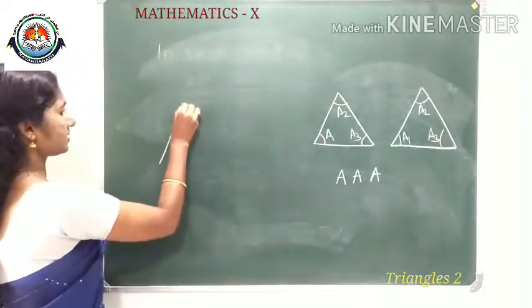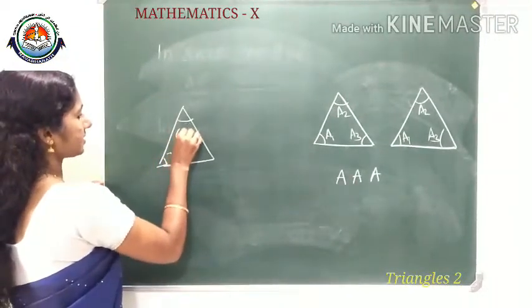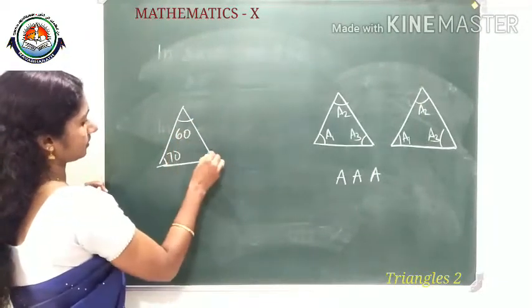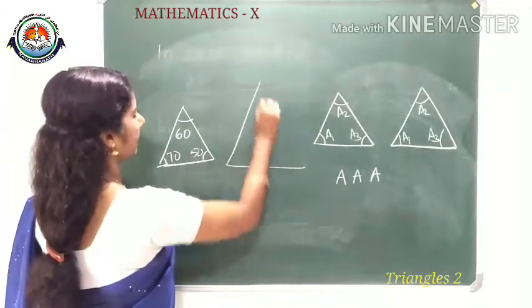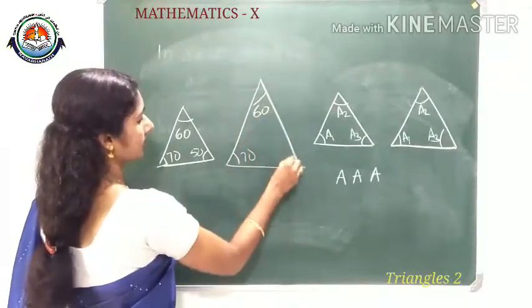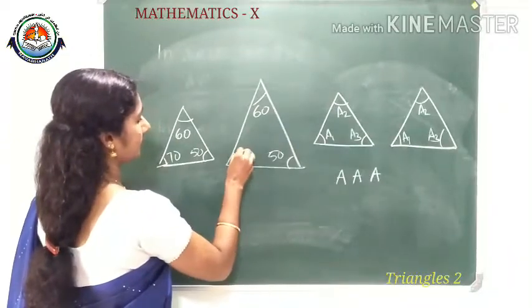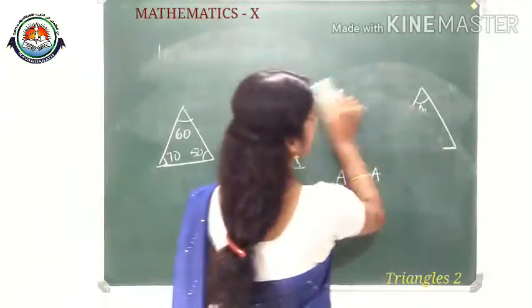And see, one triangle is given with 70 degrees, 60 degrees, 50 degrees, and another triangle is given with 70 degrees, 60 degrees, and here also 50 degrees. Okay, so these two triangles are similar triangles. Why?